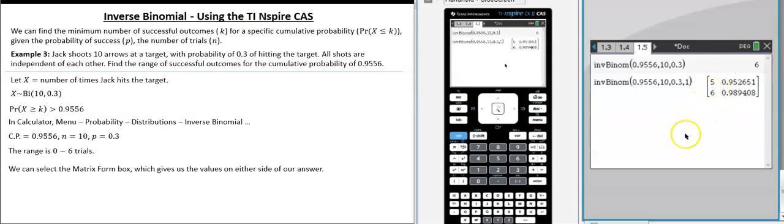So the cumulative probability of him hitting the target up to 6 times is 0.9894, which is the first time it's greater than 0.9556, because as we can see here, the cumulative probability up until hitting it 5 times, so that's hitting it 0, 1, 2, 3, 4, or 5 times, is just 0.9527 if we round up there.